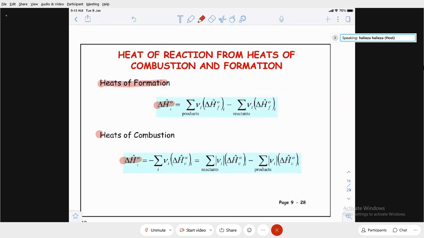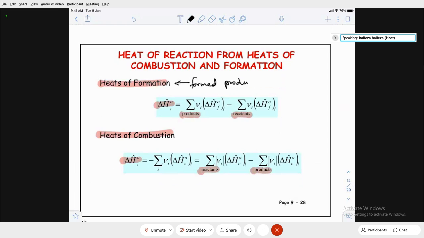For heat of combustion, you have the other equation. The first equation is for the heat of formation. The second equation is for the heat of combustion. The difference between the two is that the first, this is product, this is product. Okay? Your reactant is over here, your reactant is over here. How to remember? When you're looking at heat of formation, you form product.